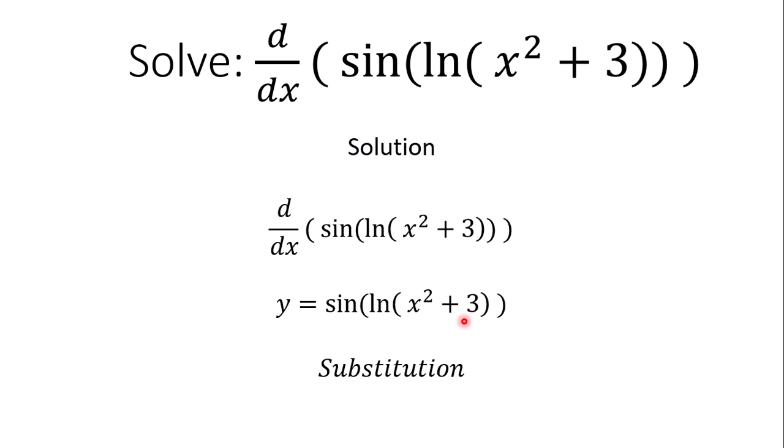When we do that, differentiating sine of u won't be all that difficult, because we all know the derivative of sine of x, or u. The natural log of x squared plus 3 might give us a little problem, but don't worry, it won't be as difficult as maybe we'll be thinking it will be. So let's do our substitution.